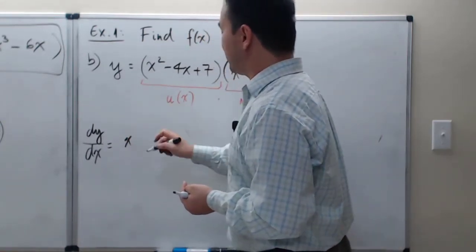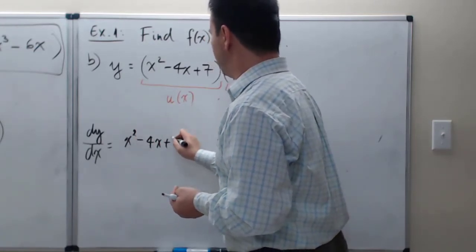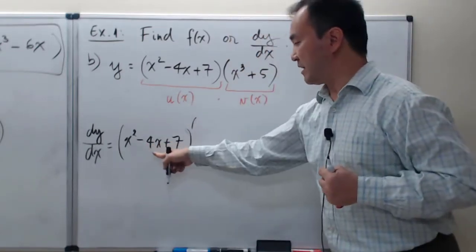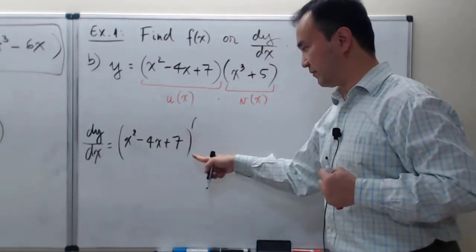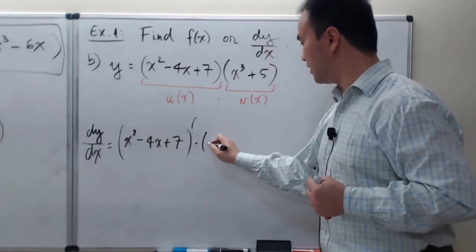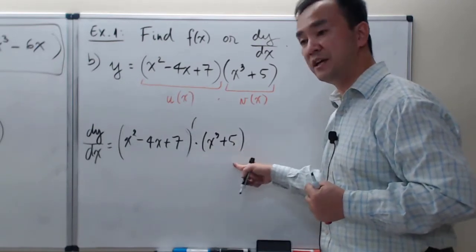So u prime, according to the product rule, is now giving us the derivative of x squared minus 4x plus 7. So this is the derivative of u, or in other words, u prime is here, multiplied with x cubed plus 5. This is multiplied with v right there.